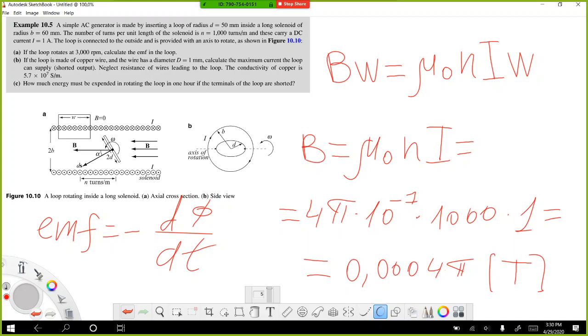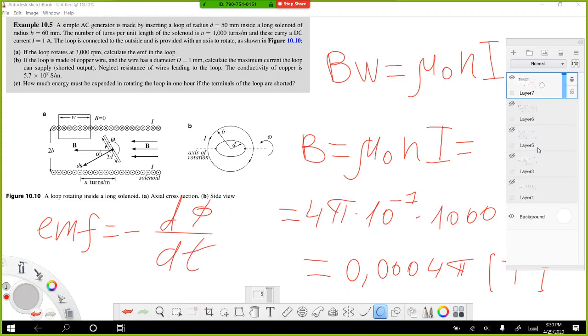And now we can compute the magnetic flux crossing our loop, or the area of our loop.